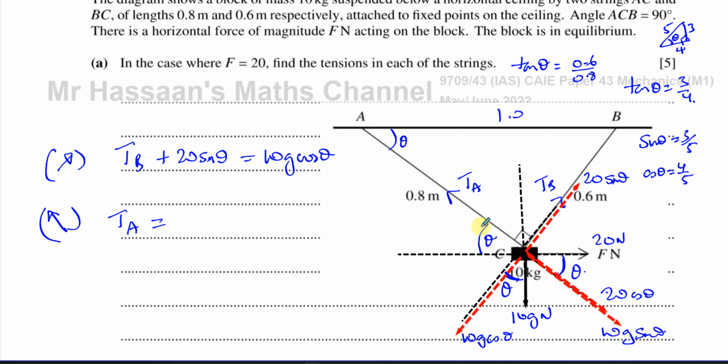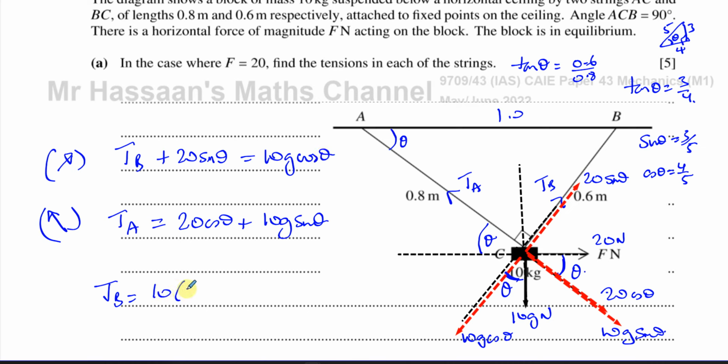So you have TA that way, and this side you have 20 cosine theta plus 10g sine theta. Now we can work out what TB and TA are straight away. So TB is equal to 10g cosine theta.